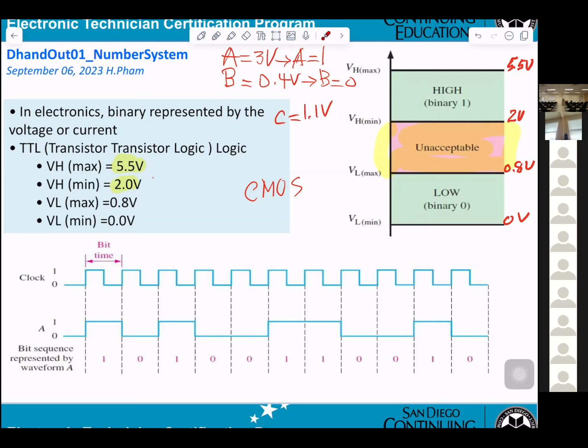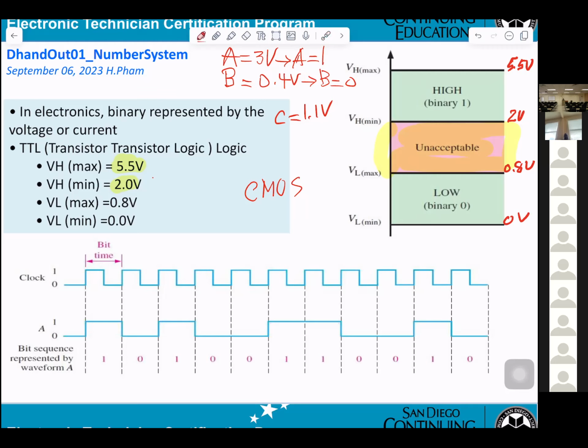And any voltage from low minimum to maximum here will define low logic, or binary 0. From 0 to 0.8 volt maximum. From 0.8 volt up to 2 volt is undefined. Not using.